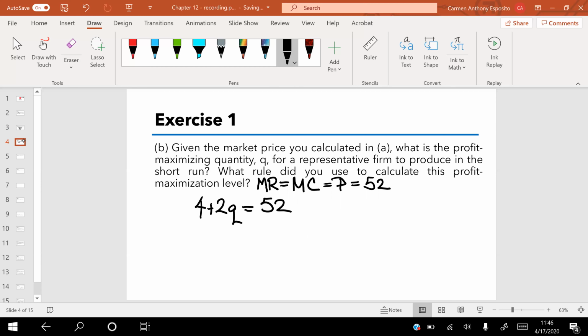So we'll do some algebra, subtract the 4 from both sides, get 2q equals 48, and little q is equal to 24 units. So far, so good.